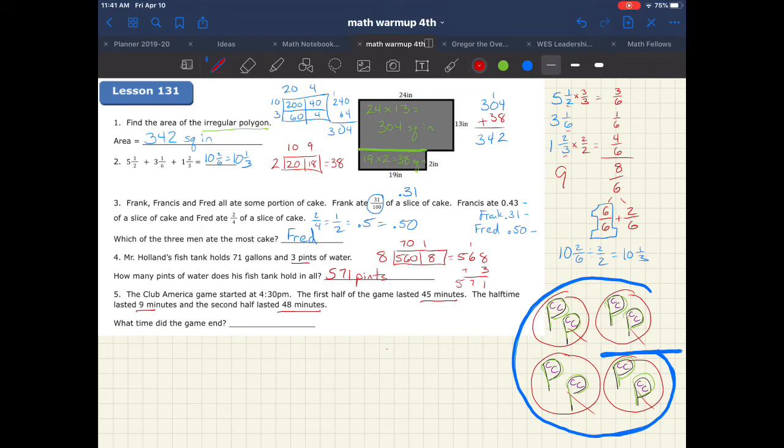So there's different methods for this, but I think my method is going to be to first add up all the minutes to see how long this game really was. So we had 45 minutes in the first half, and we had 9 minutes of halftime and 48 minutes for the second half. So all together, let me see, 17 and 5 is 22.